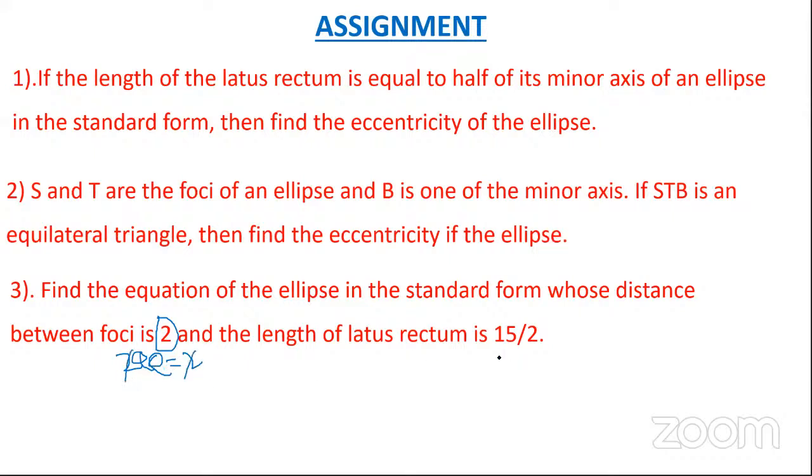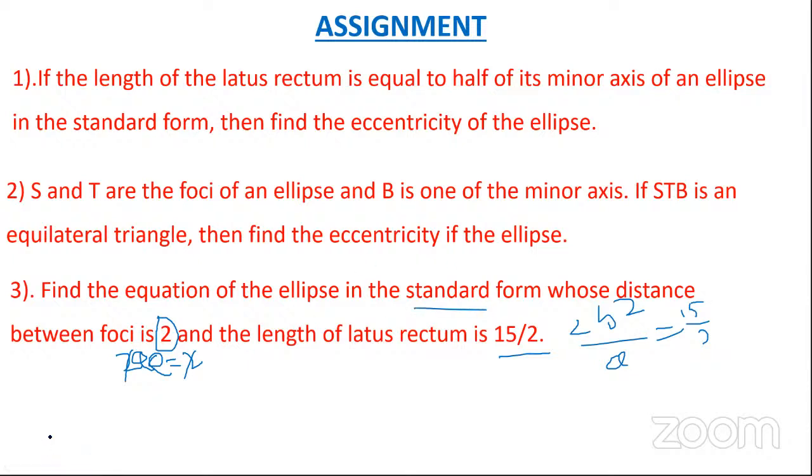The length of the latus rectum is nothing but 2b square by a, which is 15 by 2. Just solve these two, you will get the a value or b value, and substitute in the required equation, which is x square by a square plus y square by b square equal to 1, where a is greater than b. Okay, this is the standard form.